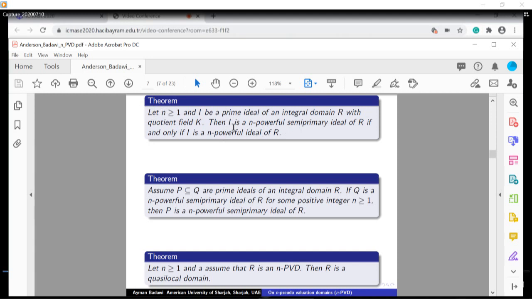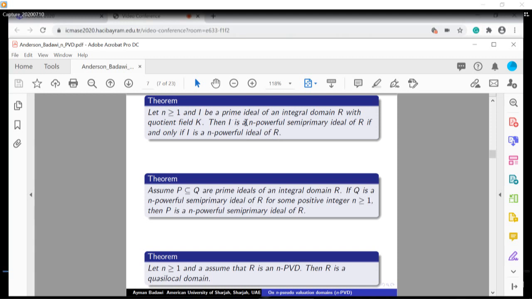Well, for a prime ideal, this concept is equivalent to this concept. What this means is that if you have a prime ideal, to show it's n powerful semi-primary, it's only enough to show that I is an n powerful ideal.